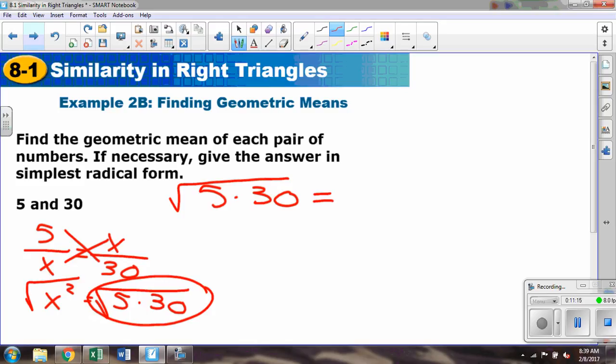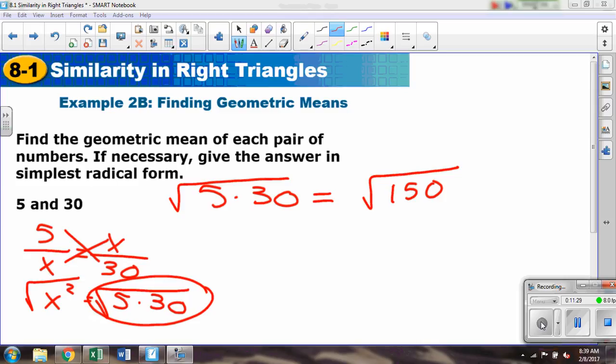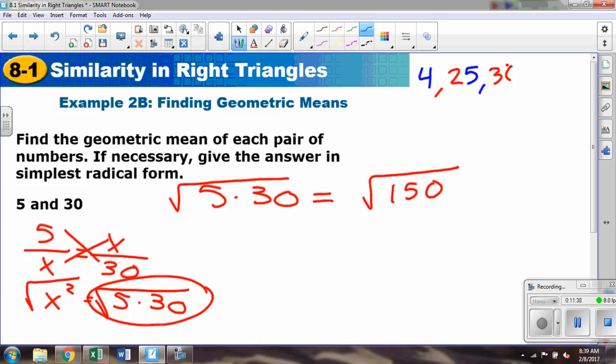This one, of course, would tell us that x is the square root of 5 times 30, which equals 150. And now we need to simplify this to its simplest radical form. In order to get simplest radical form, we remember that we're searching for the perfect squares that will divide into our number. 2 squared, 3 squared, 4 squared, 5 squared, 6 squared, 7 squared. Do any of the perfect squares divide into 150, smooth and even?